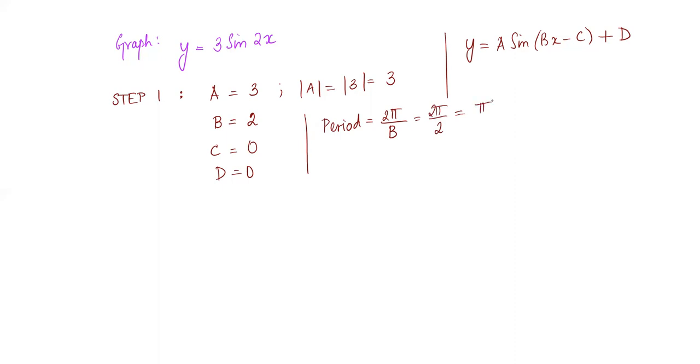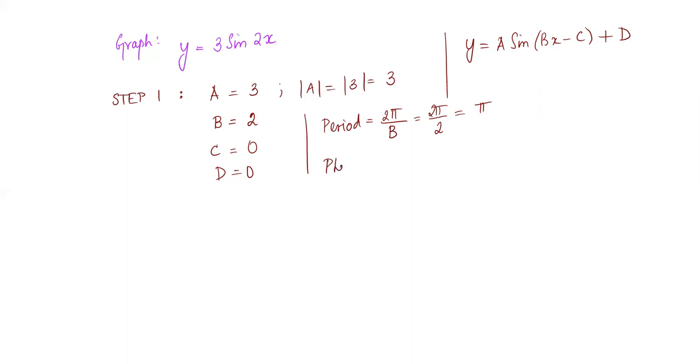So what was repeating every 2 pi is repeating every pi. So there'll be 2 repetitions now within 2 pi because it's repeating every pi. Can you see that? It's compressed horizontally so that you get this whole thing from 0 to pi instead of previously 0 to 2 pi.